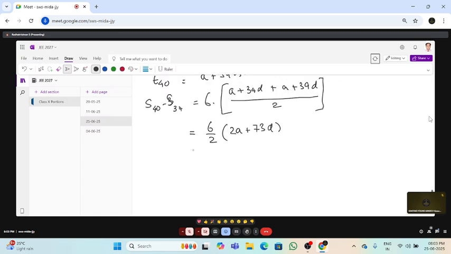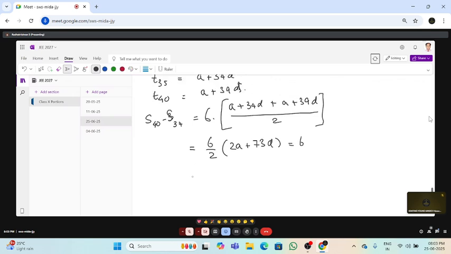This is equal to 687. That means this is 3. So what you get is 3 into 2A, 6A plus 3 into 73. Oh, I think 687 is divisible by 3. Therefore, 2A plus 73D is equal to 687 divided by 3, which is 229. 2A plus 73D equal to 229.